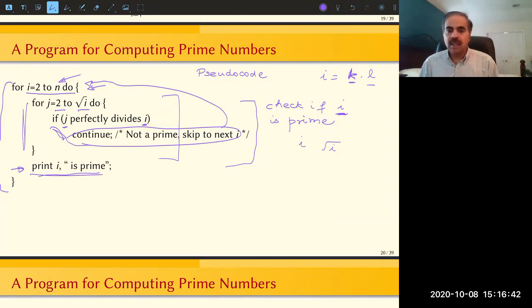So any questions on this? Of course, none of you have seen, we have never looked at pseudocode before, but I hope this is not particularly complicated.